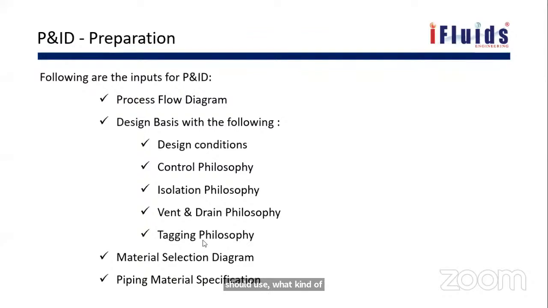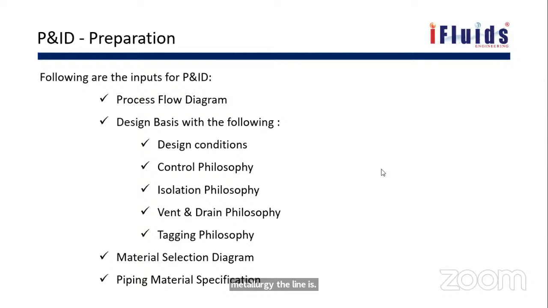Everything will be given in the piping material specifications. Because of this PMS and material selection diagram, in the P&ID the line number will indicate what metallurgy the line is. So all these are important.